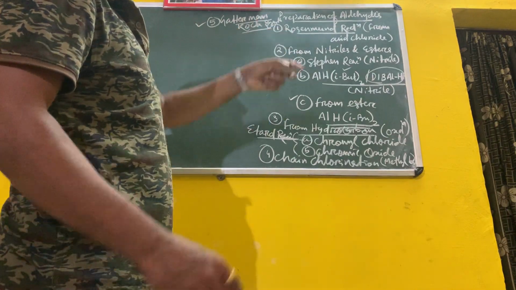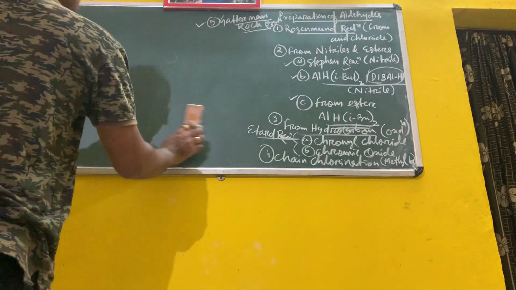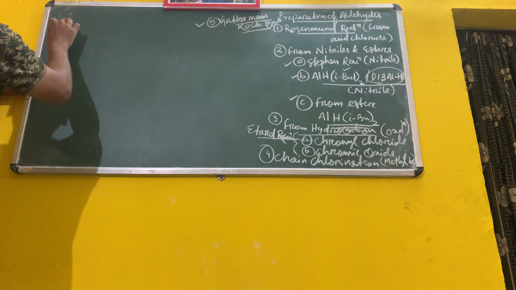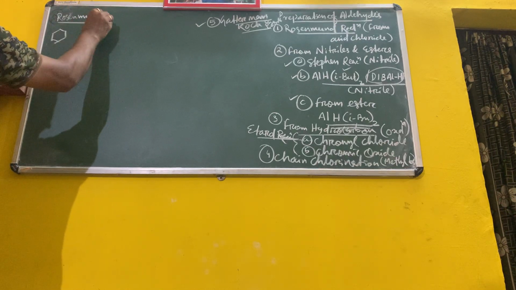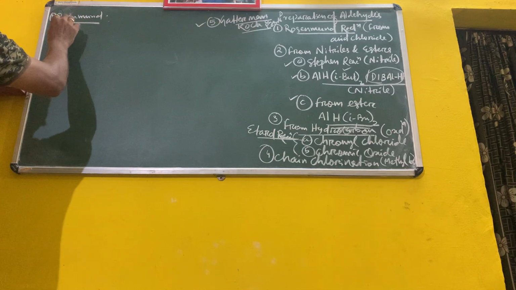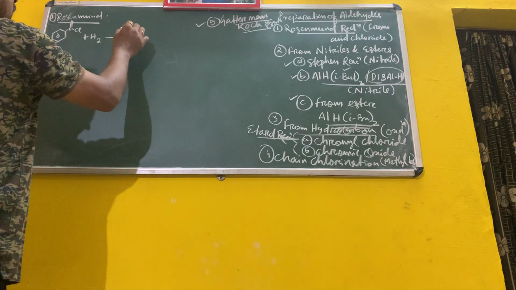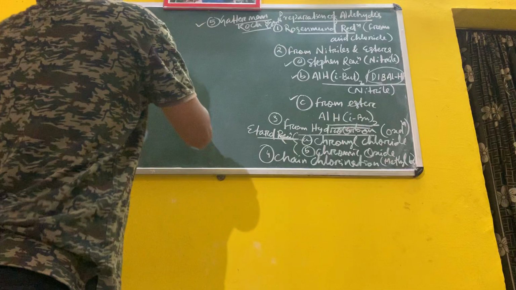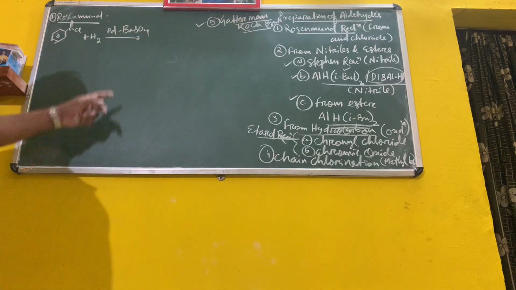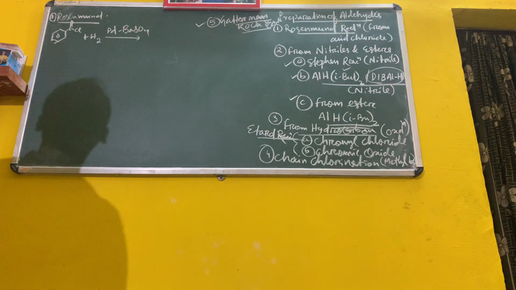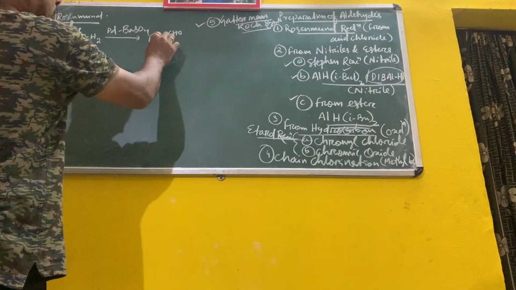First we will discuss the Rosenmund reduction. When acid chloride is treated with hydrogen gas in presence of Pd-BaSO4, palladium on barium sulfate catalyst, it will form benzaldehyde, that is C6H5CHO, an aldehyde.